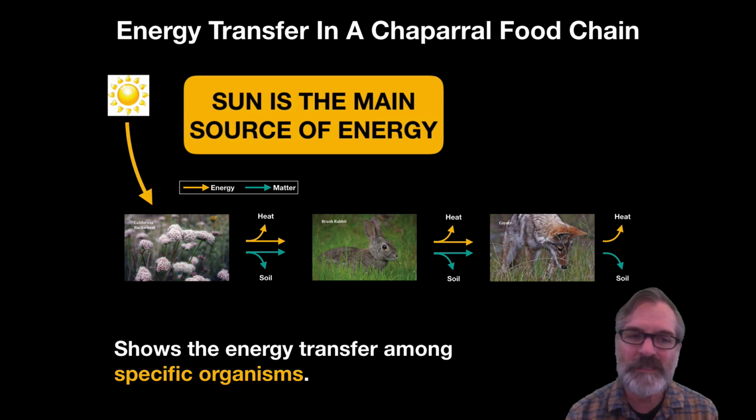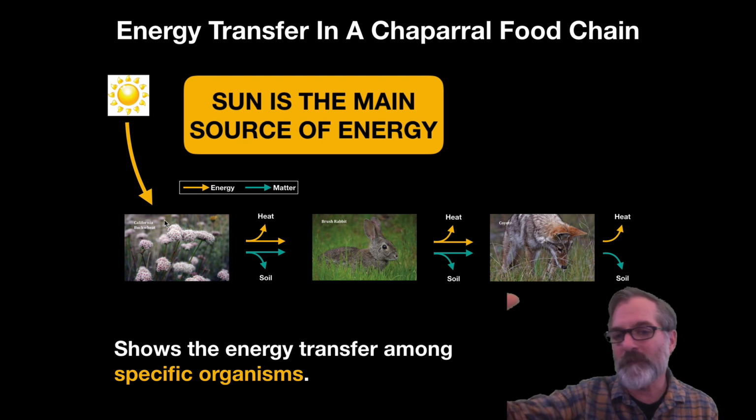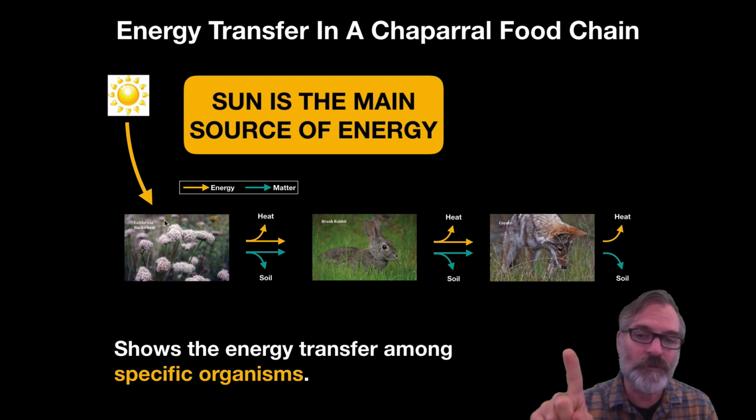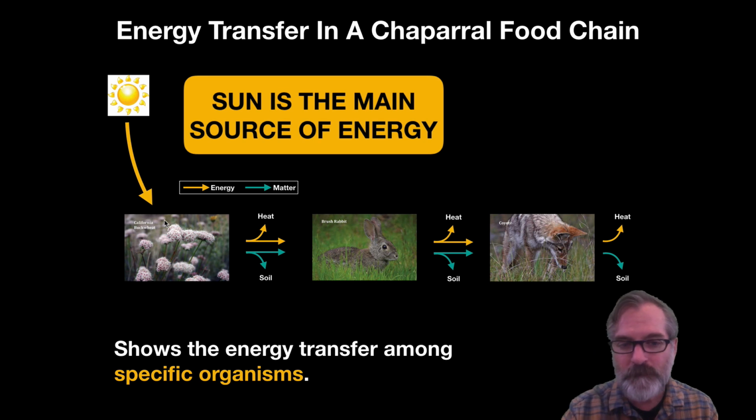And so as the sun's photons hit the leaves of, let's say, this California buckwheat, it's going to go through a process called photosynthesis, where it takes CO2 from the air and water up from its roots, and then it uses the energy from the sun to make glucose, which is an energy storage molecule, and oxygen.